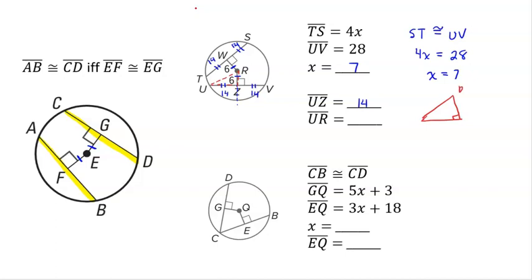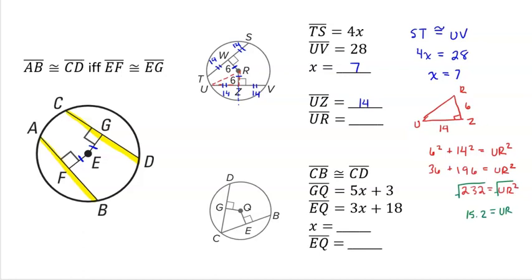So I've got R, Z, and U, and if this is 6 and UZ was 14, I could use the Pythagorean theorem to figure out what UR is. So we've got 6 squared plus 14 squared equals UR squared. And when I complete my Pythagorean theorem, I end up getting 15.23 and some change, and so UR would be 15.2.